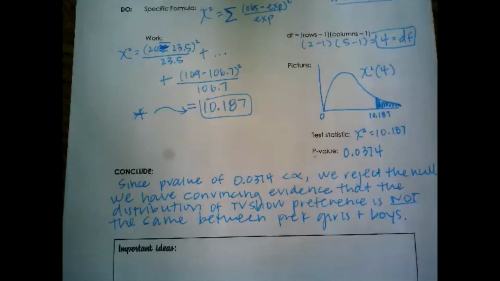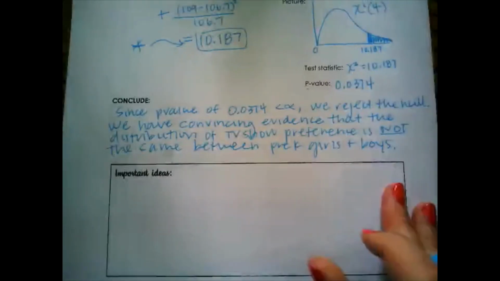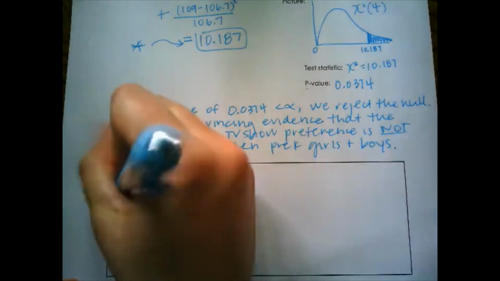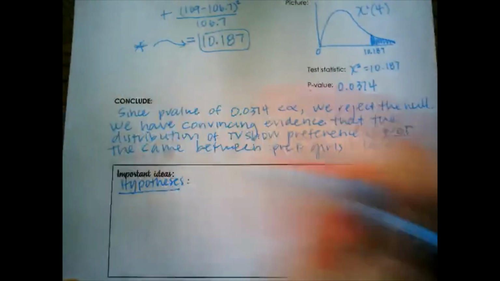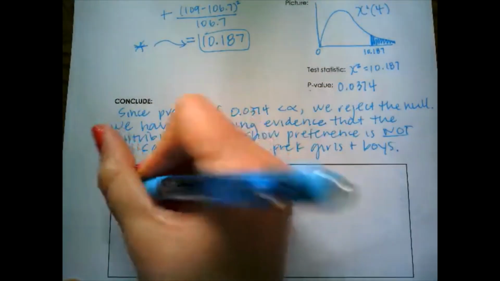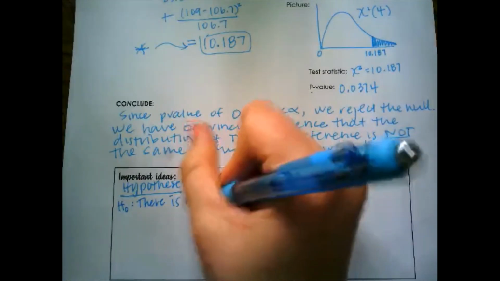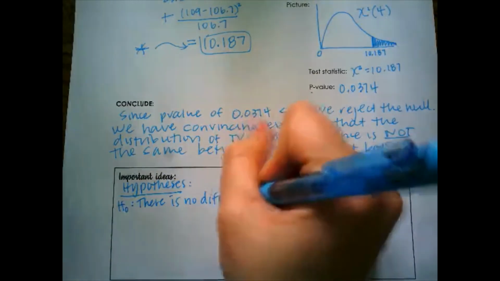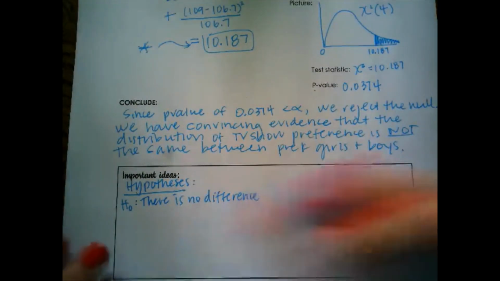All right, so just some quick big ideas that we're going to take from this for your hypotheses. Your null is always going to be something like there is no difference. The distributions are the same, okay?